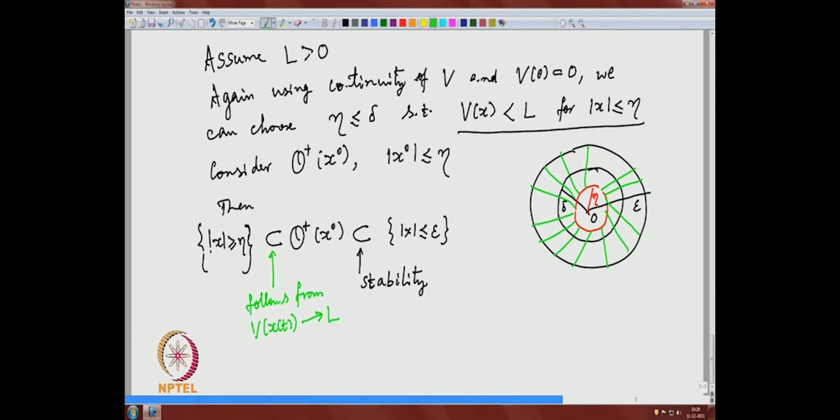The entire orbit lies in this annulus. Therefore, O of x 0 lies in the shaded annulus.